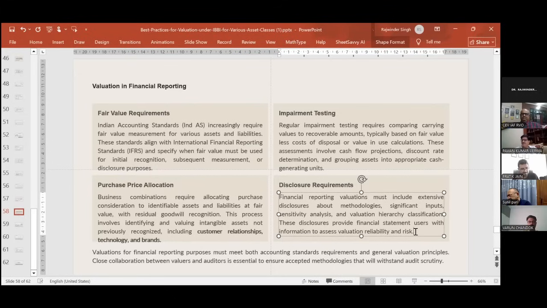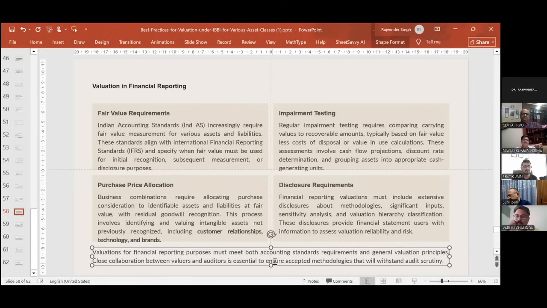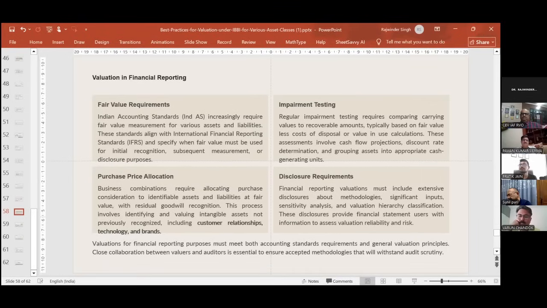So valuation for financial reporting purposes must meet both accounting standard requirements and general valuation principles. Close collaboration between valuers and auditors is essential to ensure accepted methodologies that will withstand audit scrutiny.